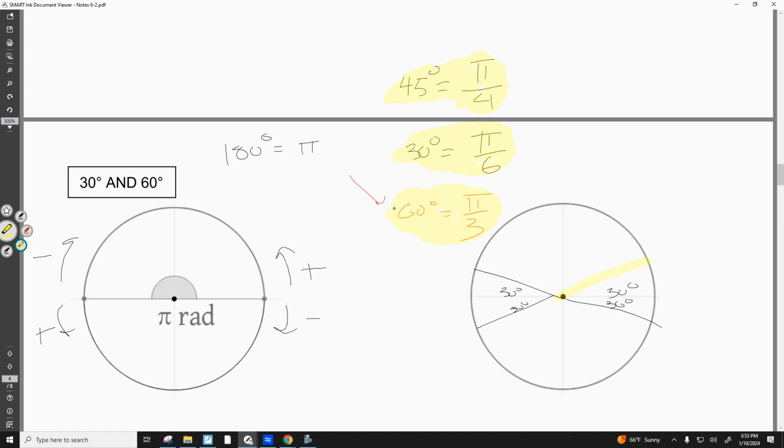Pi over 3. Now, could you guys give me the 4 radian measurements that are 60 degrees away from the x-axis? Go. Good.